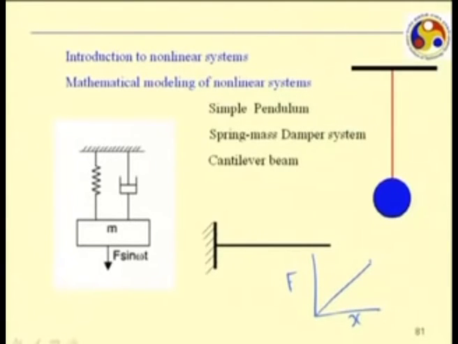But in the actual case, the curve will not be linear; it may be different. Similarly, for this damper, we are assuming the damping force F to be linearly proportional to the velocity. That is why we have written the force F equal to C x dot. Similarly, one can have a nonlinear inertia force also.